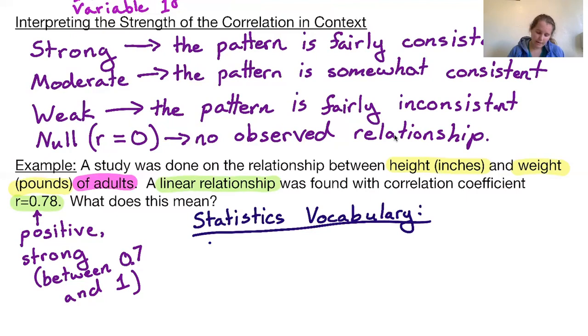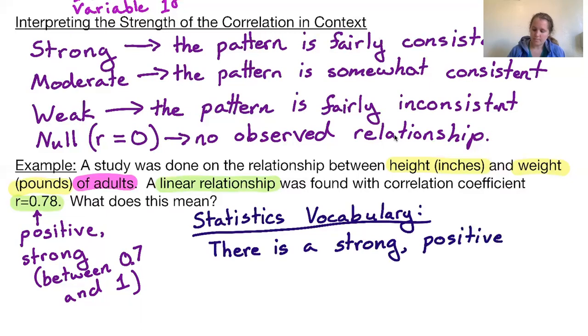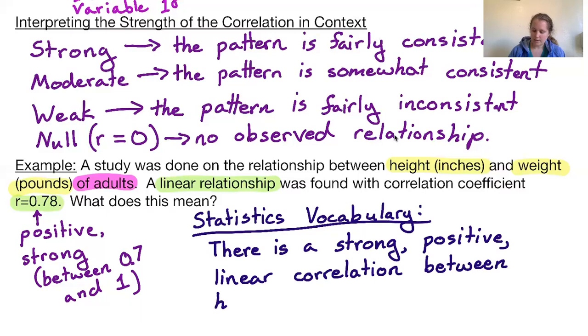We can say there is a strong, positive, linear correlation between height and weight of adults.